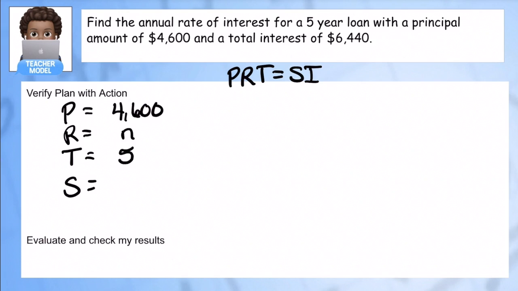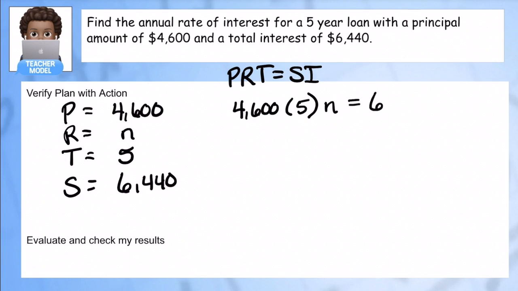We know the time is 5 years, and we know the total interest is $6,440. So let's substitute those values in, and we have 4,600 times the 5 years times the number we don't know is equal to 6,440.